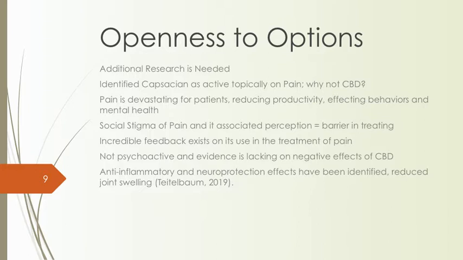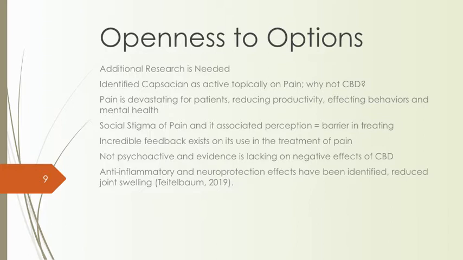But we identified capsaicin as an active topical application for pain. Capsaicin, as you know, comes from peppers, and now is available in pharmaceutical products, and you can buy them in more natural, organic balms and lotions for the use of pain. So I just think we have to be open to what are the possibilities.